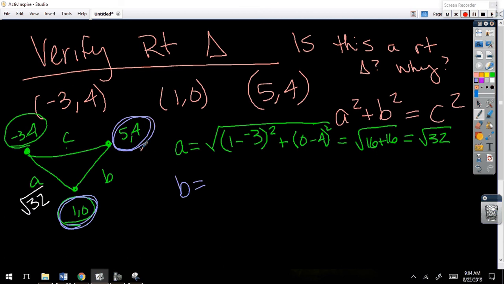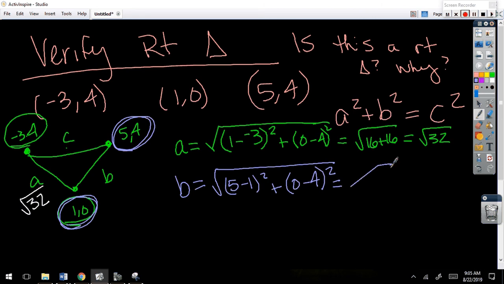Subtract the y's, and somebody tell me what you get. I'm sure y'all are probably ahead of me. Is it 32 again? 4 squared is 16. That's right. Good job, Drum. Good job.